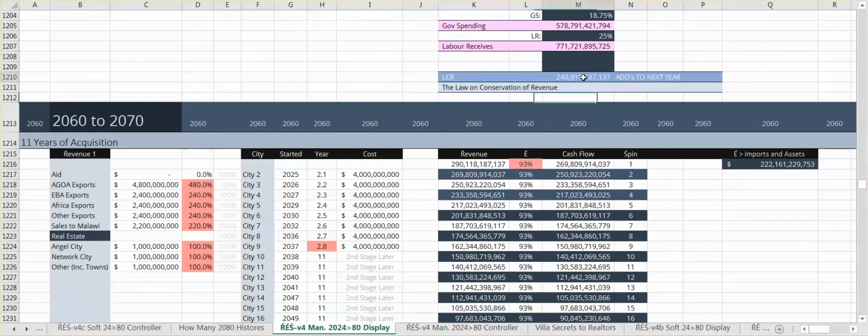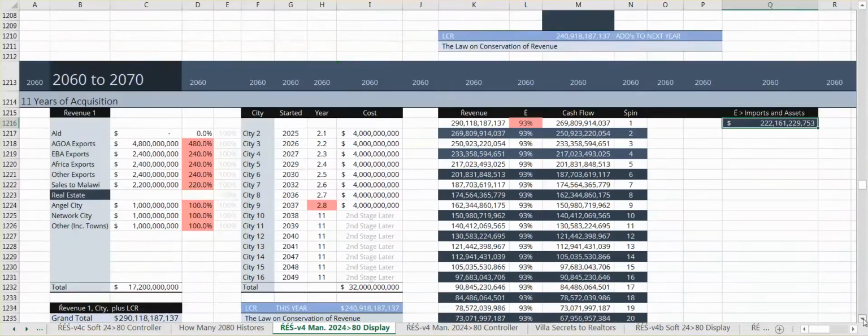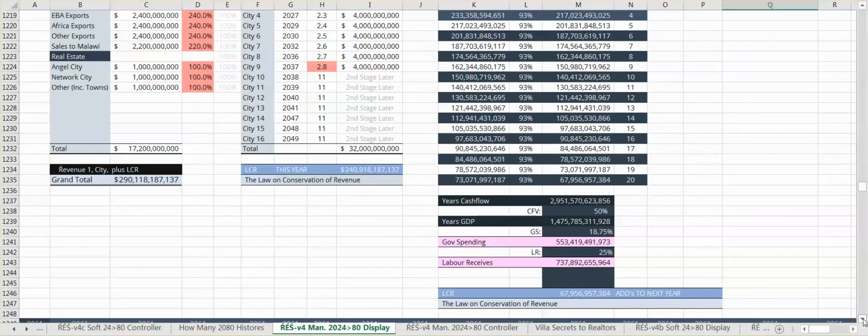Law of conservation with revenue. The last spin transferred to the next year had 240, but because E is lowered to 93, 222 of that is gone, spent on buying assets or actually building cities in new countries.